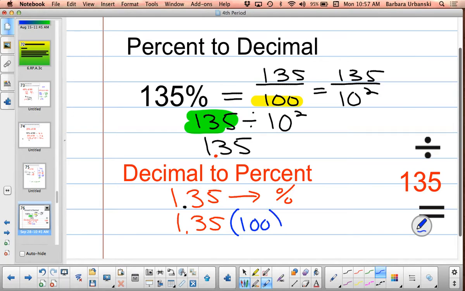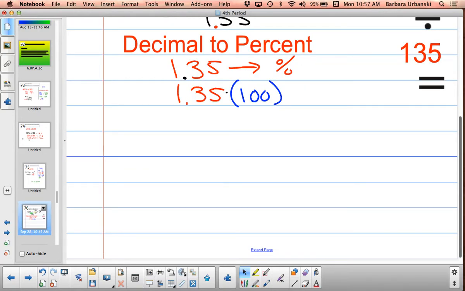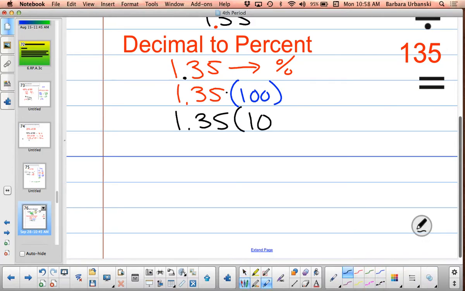And right now I'm using a parenthesis because we are using variables such as x, and we know that when there is no sign of operation, it would imply multiplication if we have it in a parenthesis. So we have 1.35 times 100. And if I take my 1.35 times 100, I could also say 1.35 times 10 to the second power.